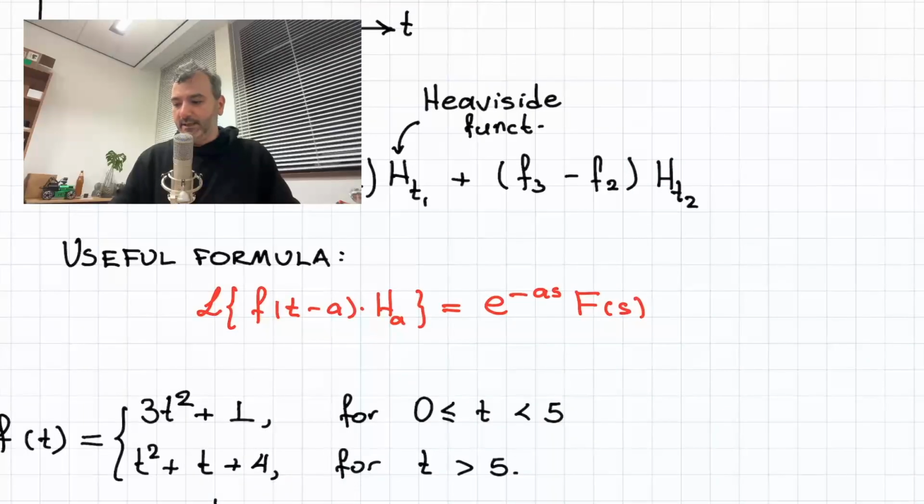It says the Laplace of a function f evaluated at t minus a times the Heaviside at time a is equal to the Laplace of f multiplied by this exponential of minus as. Of course, there is this weird thing here that the function is evaluated at t minus a, and then you multiply by h_a, but this is the formula, and we'll see in a moment how we can use it.